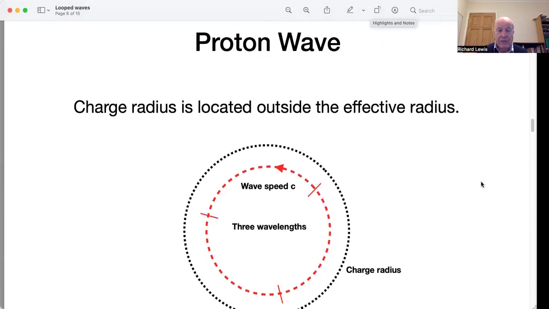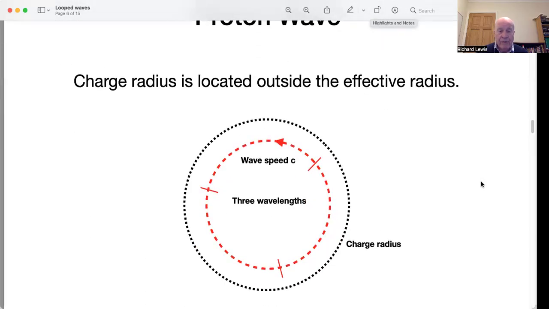So here's an illustration of the wave of the proton. So here is the effective radius, and the wave is traveling in the loop at the speed of light, and there are 3 wavelengths. So these marks here denote the breaks in the 3 wavelengths.